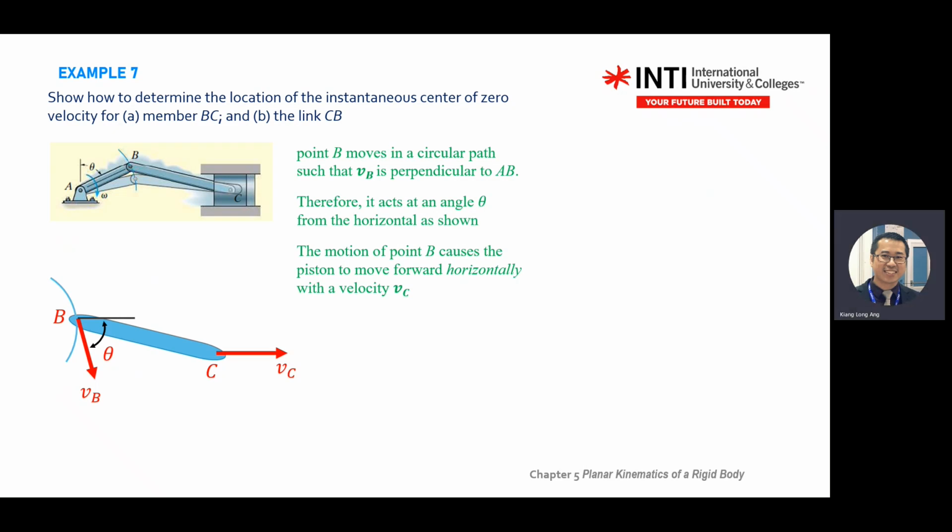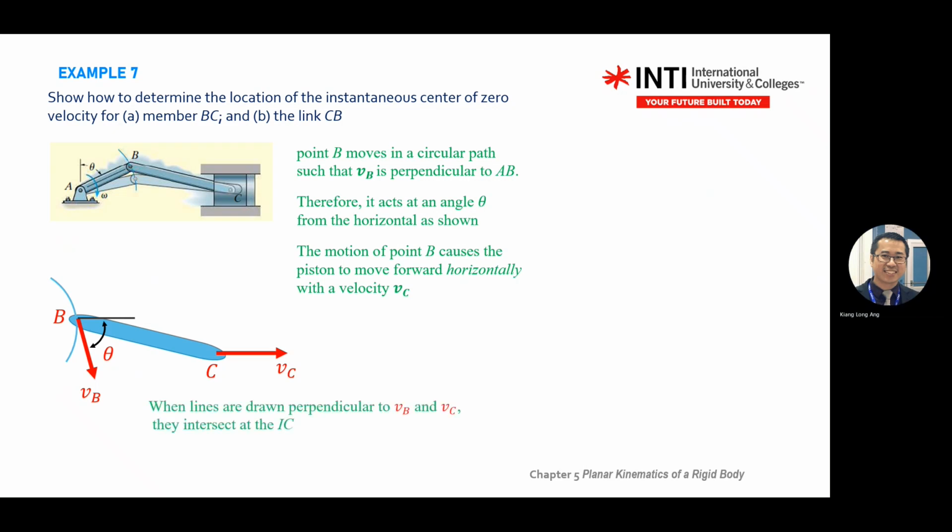Put your ruler here. Draw a line. Put your ruler here. Go to the end of the vector. Draw. Okay. This is how you draw the IC line. Your IC point is here.